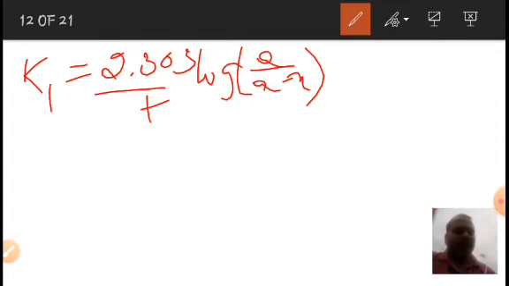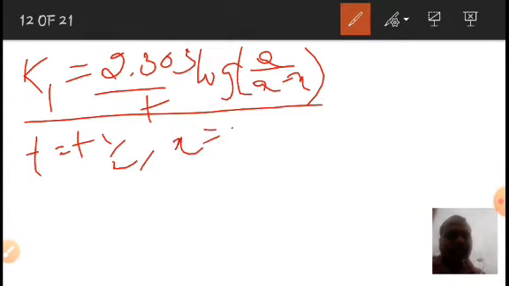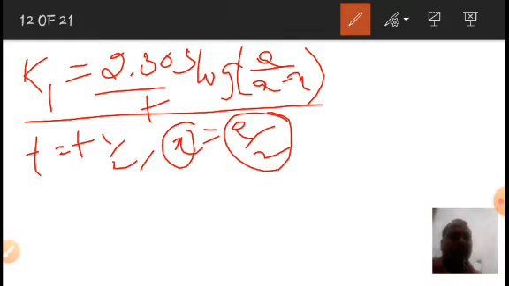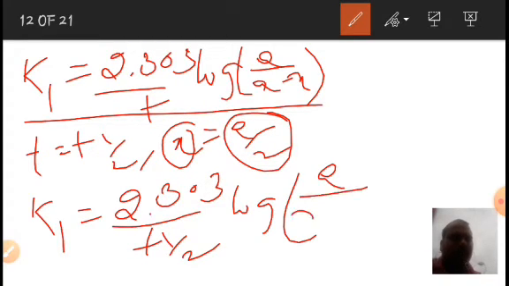So I am substituting t is equal to t half and x is equal to A by 2. Wherever there is x, I substitute A by 2. Then k1 is equal to 2.303 by t half log A by A minus A by 2.